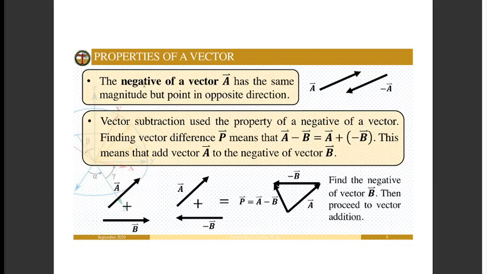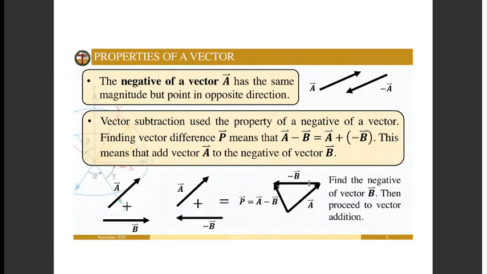Now, we can use the concept of the negative of a vector A and incorporate this property into vector subtraction. So, we will use what we learned about the property of a negative vector. For example, I have to find the vector difference of A and B. How can we do this?